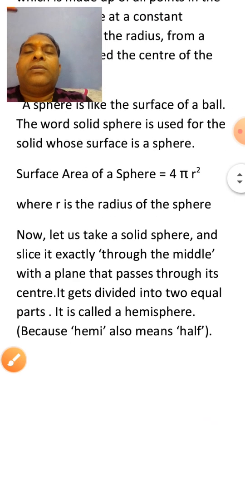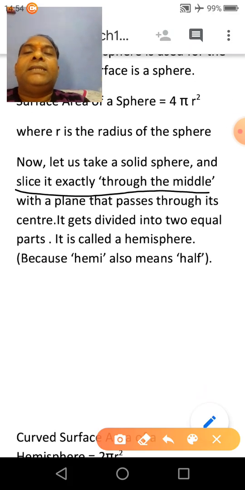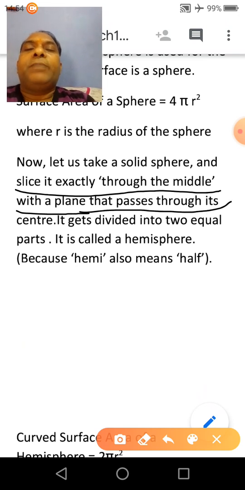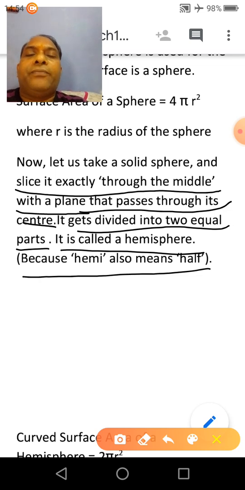Now let us take a solid sphere and slice it exactly through the middle point, with a plane that passes through its center. It gets divided into two equal parts. It is called hemisphere, because hemi also means half.